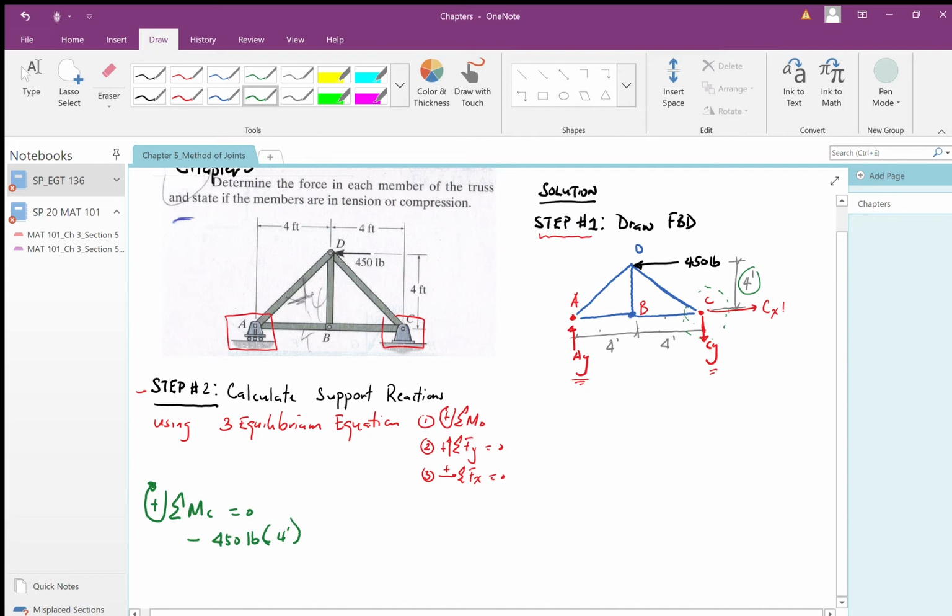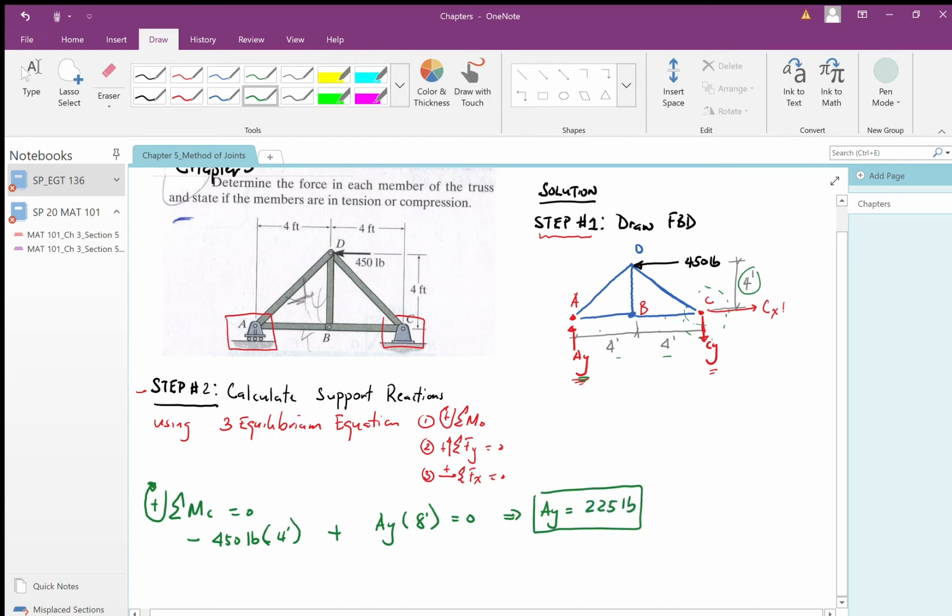And then the next force is AY, and AY is 8 feet away from point C, and that gives me an expression like this, and that's going to equal 0. I can solve for my AY, and that gives me 225 pounds.